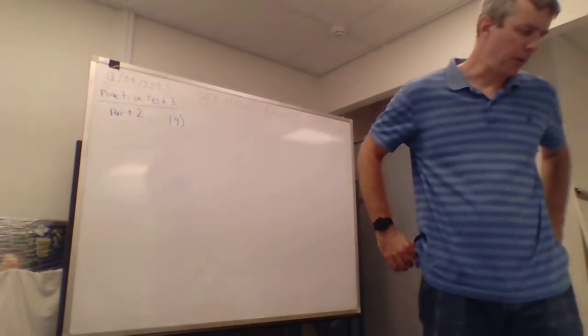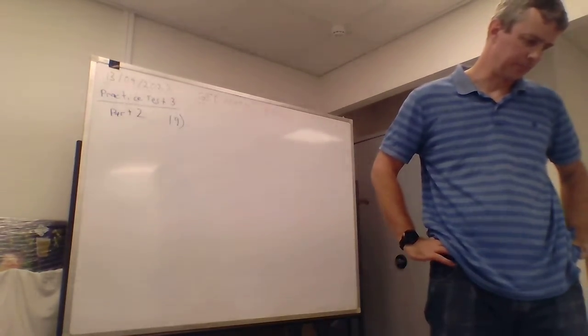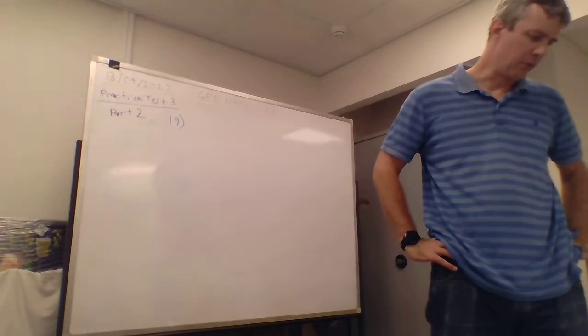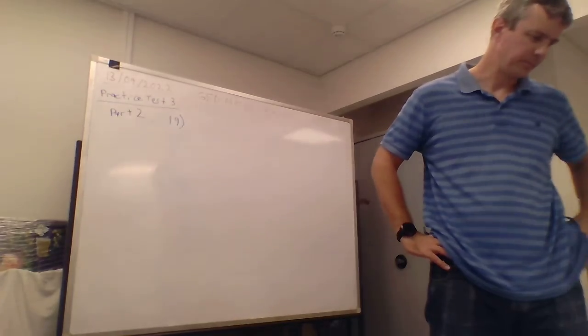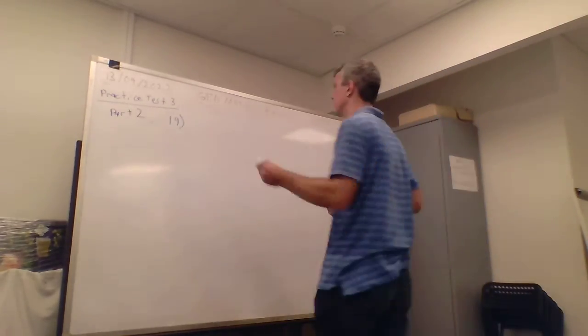The diagram shows a polygon composed of rectangles. What is the perimeter in feet of the polygon? All right, let me draw this thing out.